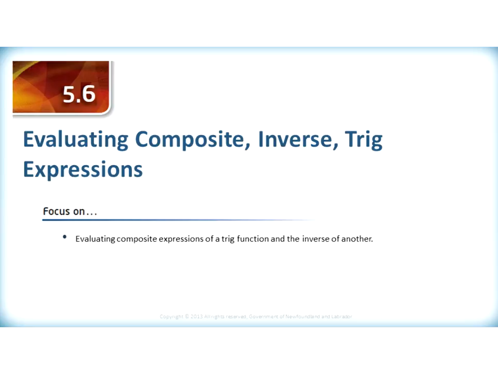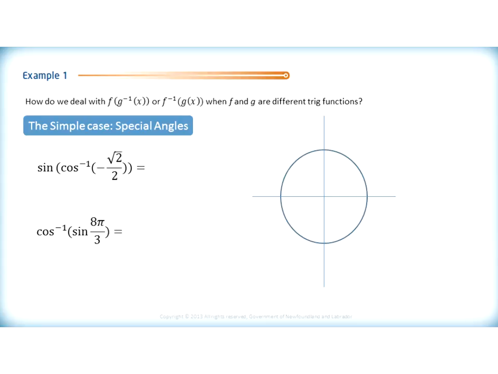So for instance, I want to evaluate composite expressions of a trig function and the inverse of another one. So stuff like cosine inverse of sine of something, when they don't have the same nature. All right, let's get down to business. So how do we deal with f of g inverse or f inverse of g when f and g are different trig functions?